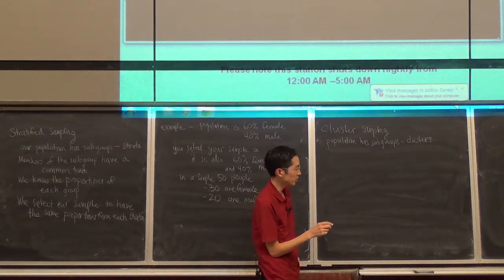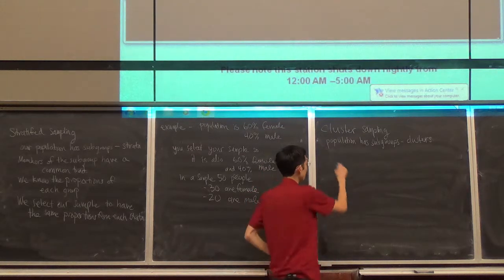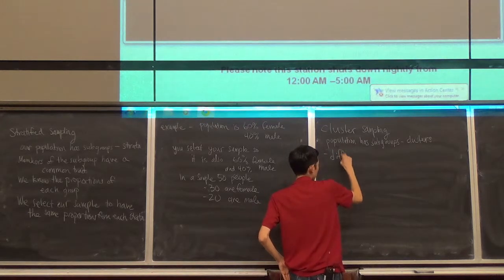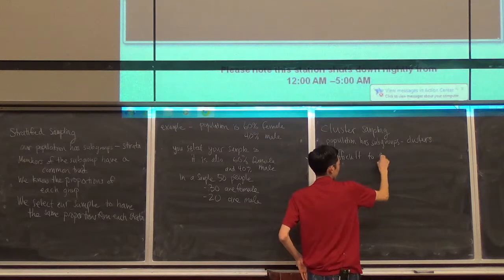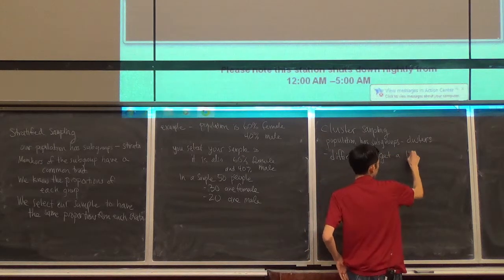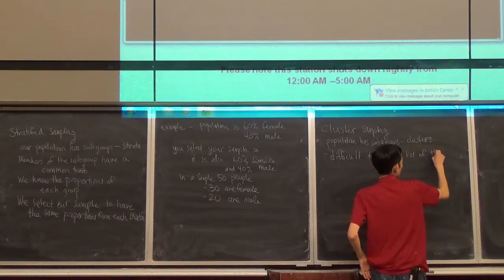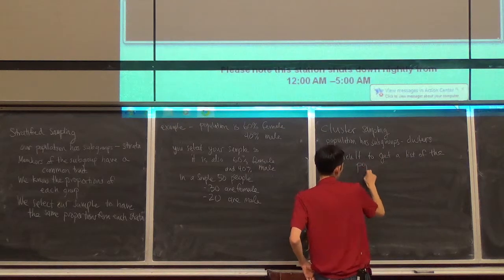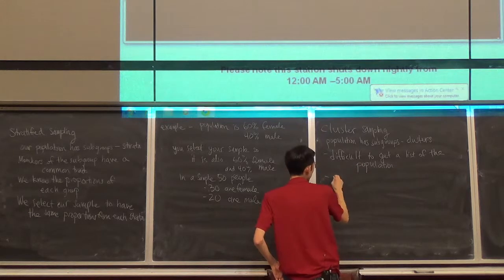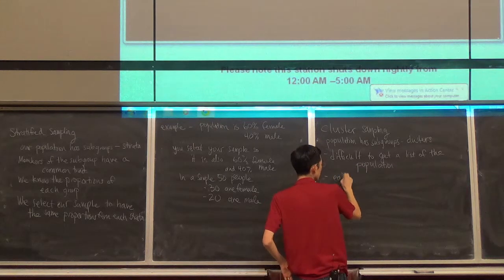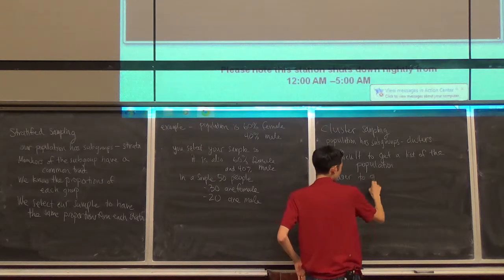Cluster sampling maybe says it's difficult to get a list of the population. We'll say it's easier to get a list of clusters.